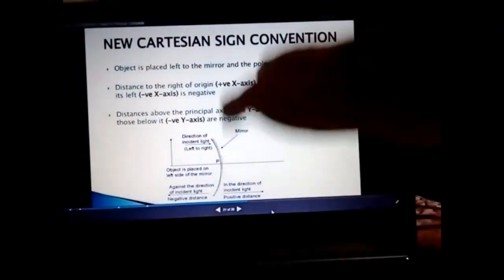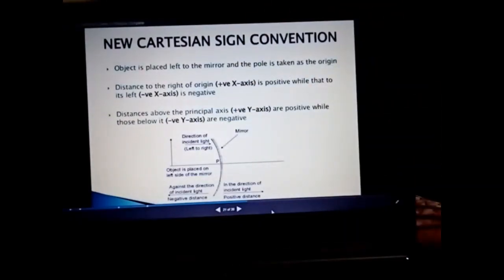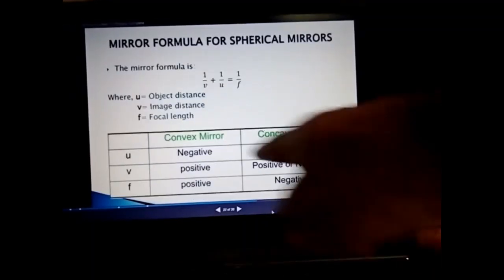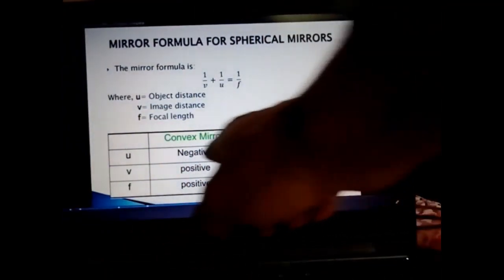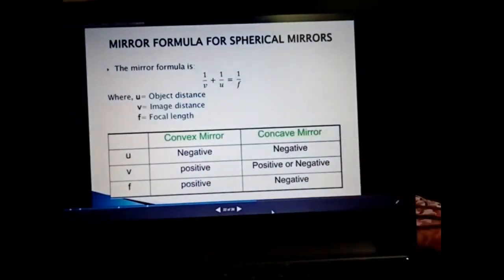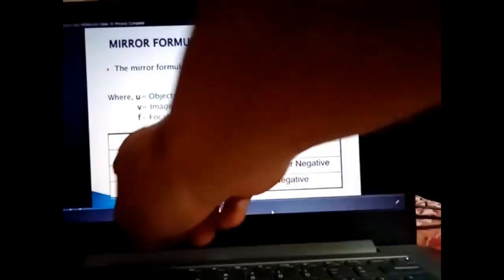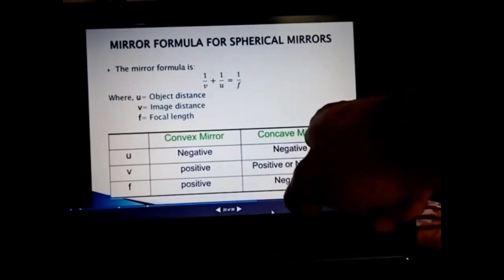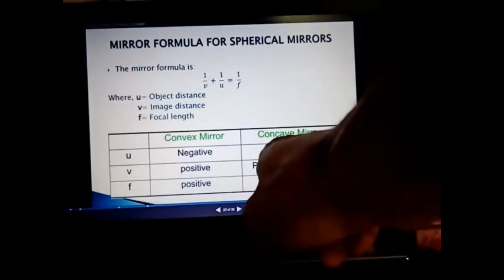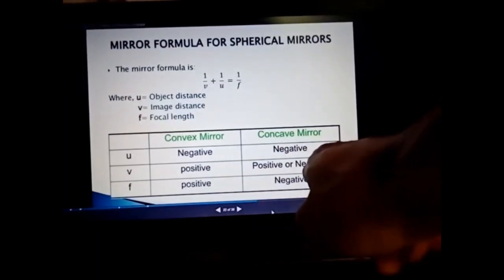So by applying this new Cartesian sign convention, we can say that for both convex mirror and concave mirror, u is always negative. But the image distance for a convex mirror is always positive, while in case of the concave mirror, the image distance is sometimes positive, sometimes negative.